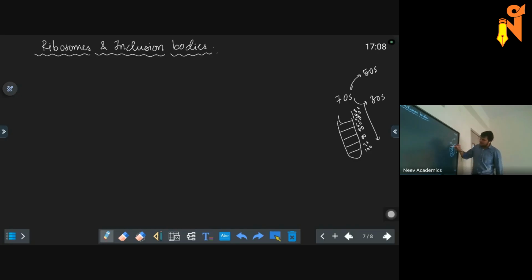Now I put a cell culture here, the extracted part of the cell without the cell wall and plasma membrane. Understood? Now, I put this test tube under a centrifuge.